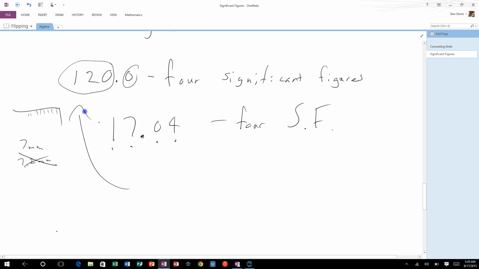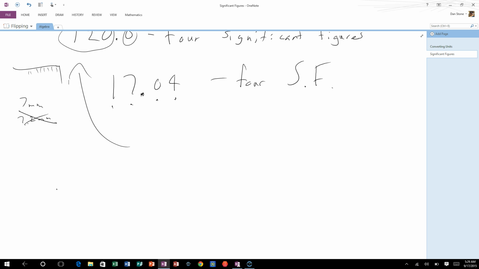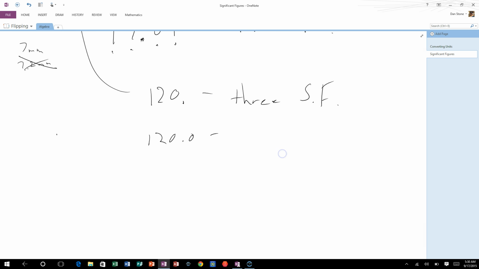Going back to our first one really quick, that means that if you have 120 with a decimal point, this has 3 significant figures, and if you have 120.0, how many significant figures does the second one have? This has 4.